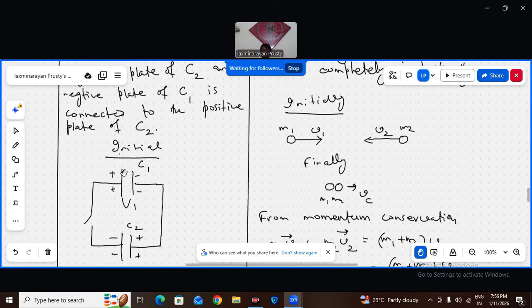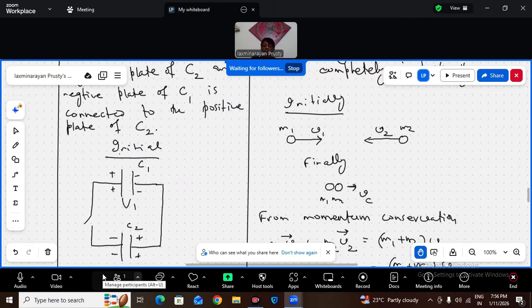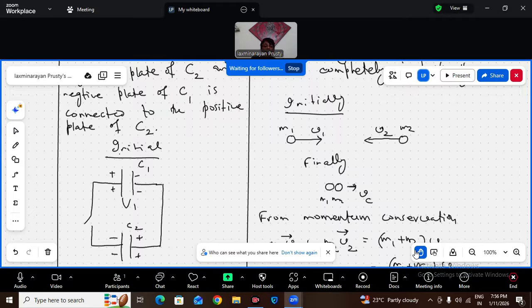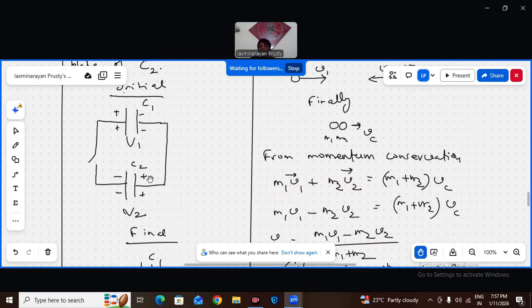This is the initial situation: C1 with V1 potential difference, C2 with V2 potential difference, not yet connected.